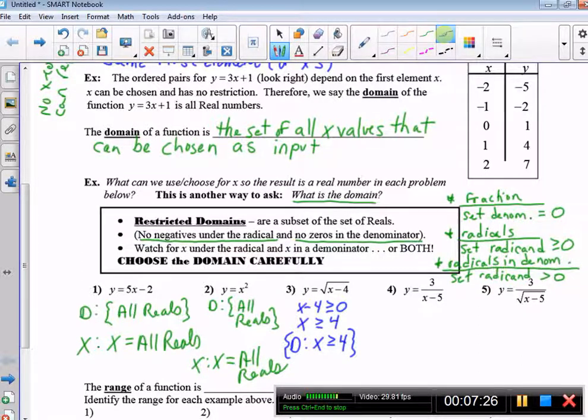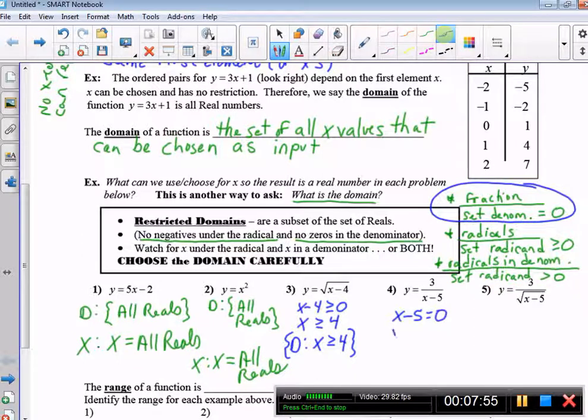On number 4, I have a fraction. I cannot have every number substituted in for x. So I cannot say the domain is all real numbers. I can say it's all real numbers except 5, because that's going to make the denominator undefined if I let x be 5. So in my fraction part, I set the denominator equal to 0, which is what I did up here.